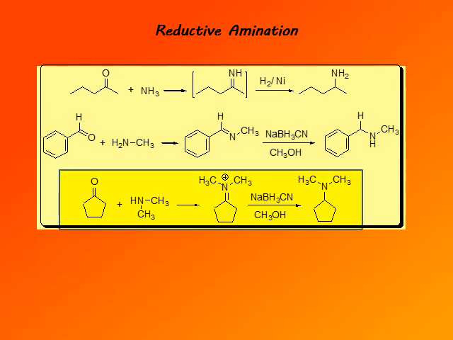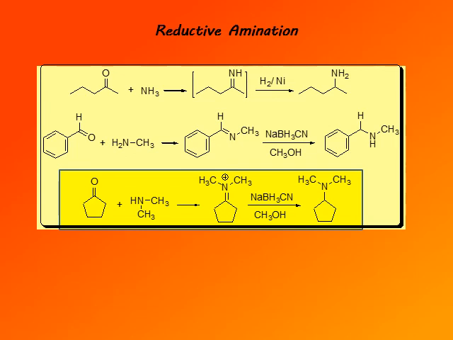And finally, reaction of a carbonyl compound with a secondary amine again results in formation of, in this case, an iminium cation, and then sodium cyanoborohydride reduction results in formation of a tertiary amine. So this is a good method. Reductive amination is a good method to prepare primary, secondary, or tertiary amines.